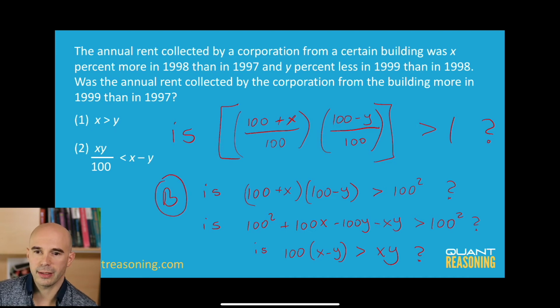Right? Knowing that x is greater than y does not answer our question. So what you want to ask yourself is, does knowing that x is greater than y definitively tell me which of these sides is greater? Right? And what do we know if x is greater than y? We know that the right-hand side is positive.